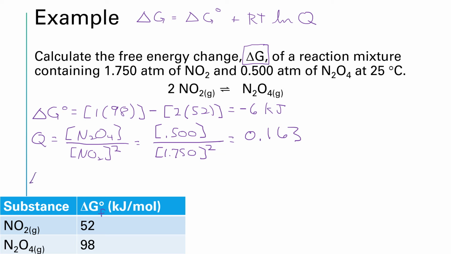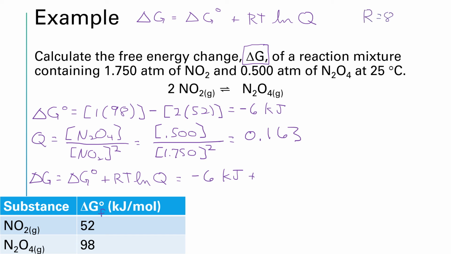So now that we have Q and delta G naught, we can plug into our equation for delta G. So delta G will be equal to delta G naught plus RT times the natural log of Q. Delta G naught was -6 kilojoules. And R was 8.314 joules per mole Kelvin. That's going to be a problem, right?